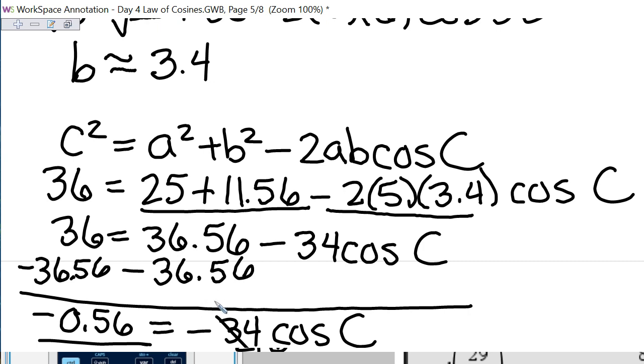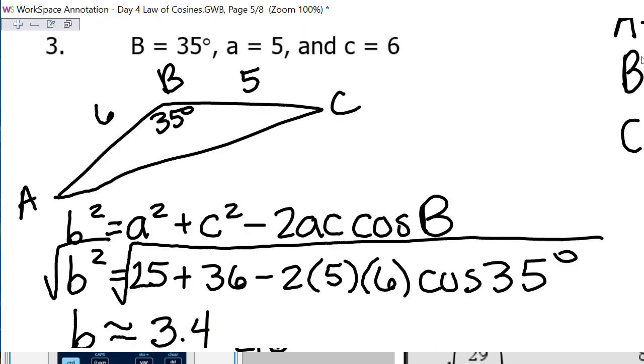And this is an arc cosine value, so make sure you do cosine inverse of 0.56 divided by 34. And how are we rounding this one for the degree? Nearest whole degree. And what would that be? 89 degrees. So C is approximately 89 degrees.